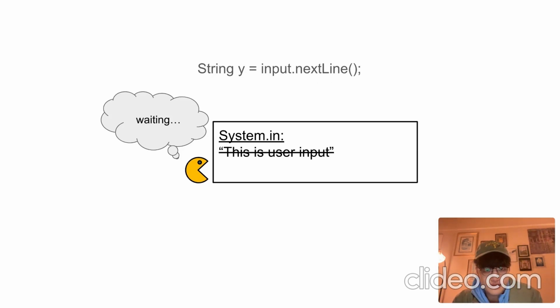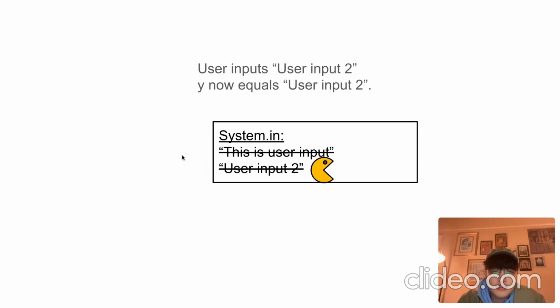So if you notice, there is no next line actually, because the user hasn't inputted anything else. What Pac-Man isn't going to do is just return nothing, like how it works in Python. Our scanner is going to wait until the user inputs something in this next line. So currently Pac-Man is waiting.